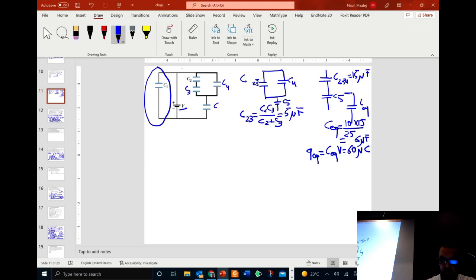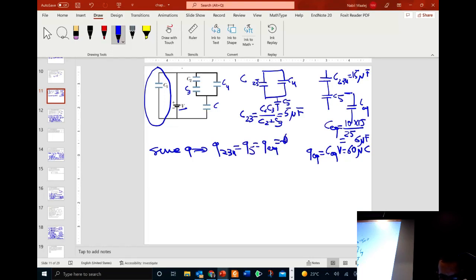Now the equivalent capacitor is the series combination of C234 and C5. We can determine what is the charge on them. Remember, for capacitors in series, they have the same charge, but it's also the same as the charge of their equivalent capacitor. So from this series Q, we get that Q234 is equal to Q5 is equal to Q equivalent.